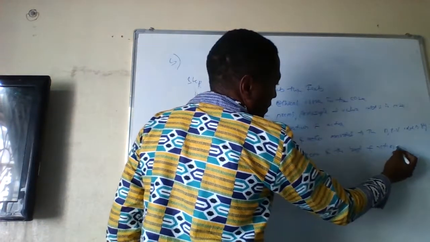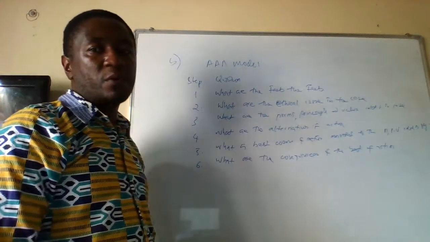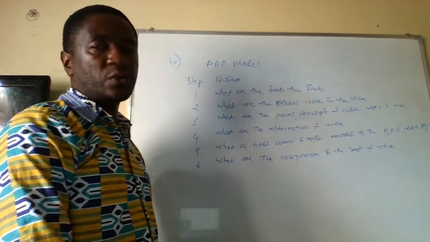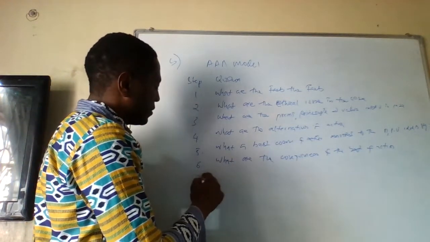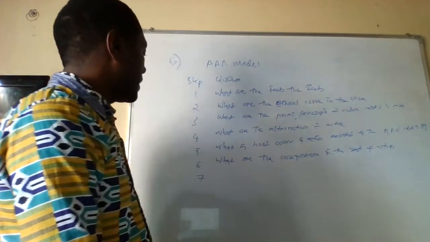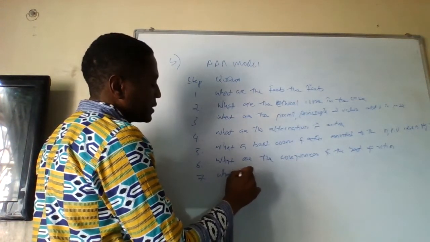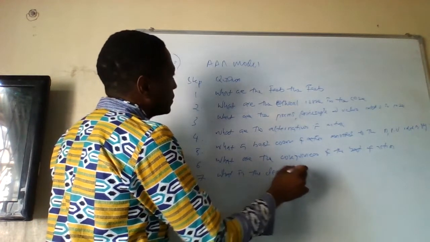If you accept, then you're going against the ethical issues. Why? Because maybe the brand is stolen. Then you accept to sell something which is stolen. That would be unethical. You look at the last question in your textbook. Then lastly, you can say what is the decision. This is where you conclude.